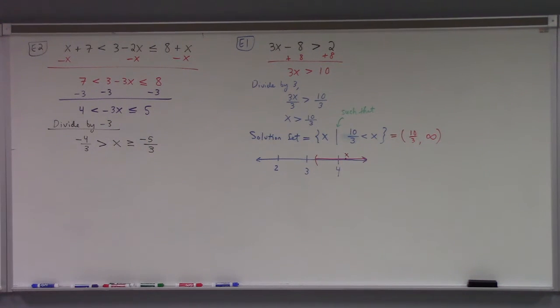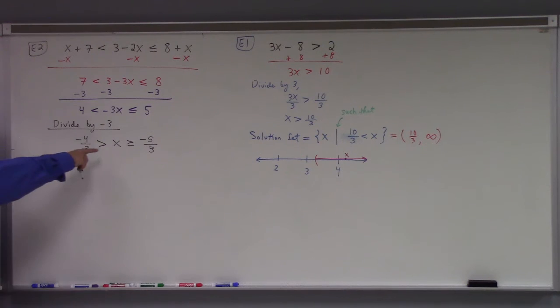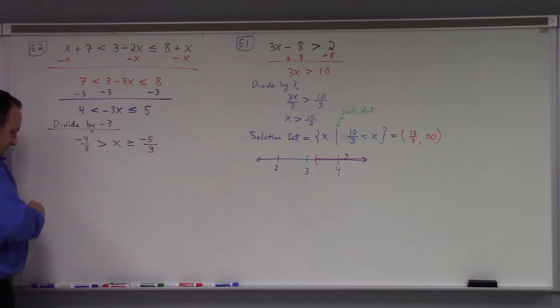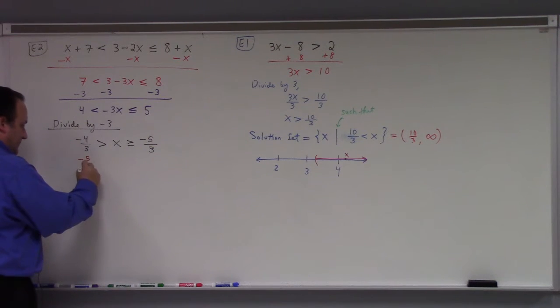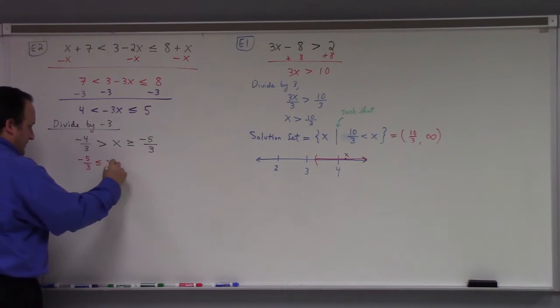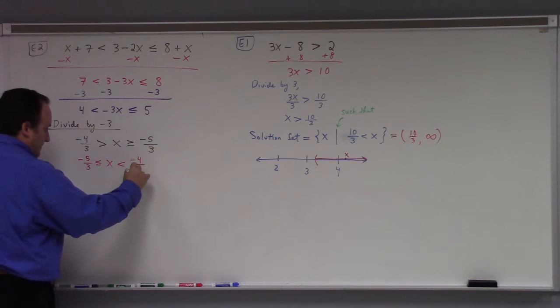And as a point of just bookkeeping, I prefer to write it the opposite way. So this is the same as what I'm about to write in red, namely minus 5/3 less than or equal to x less than minus 4/3.